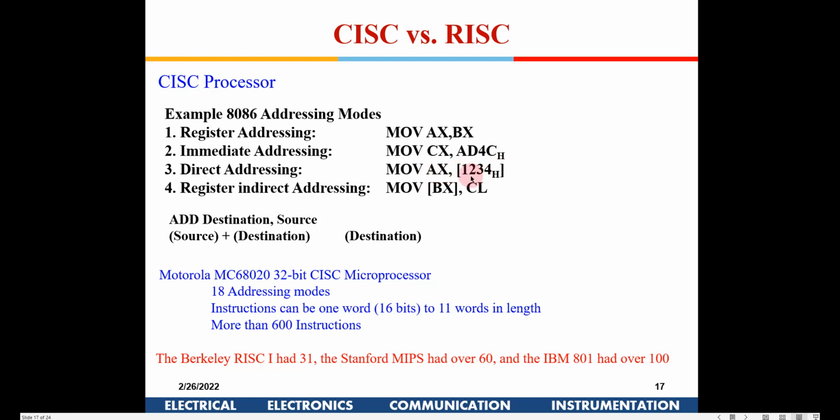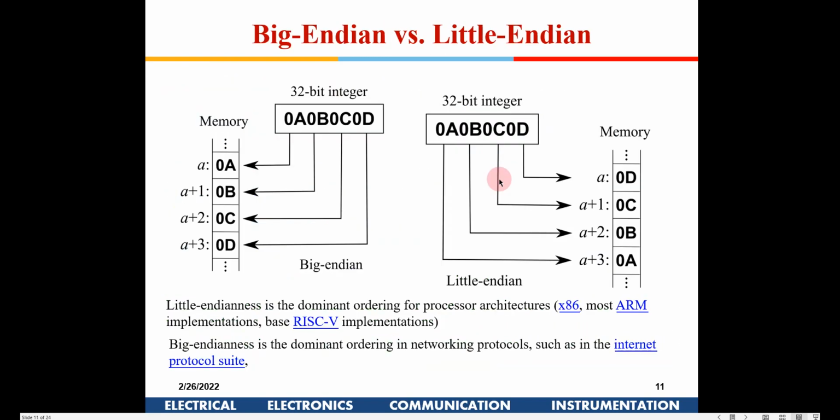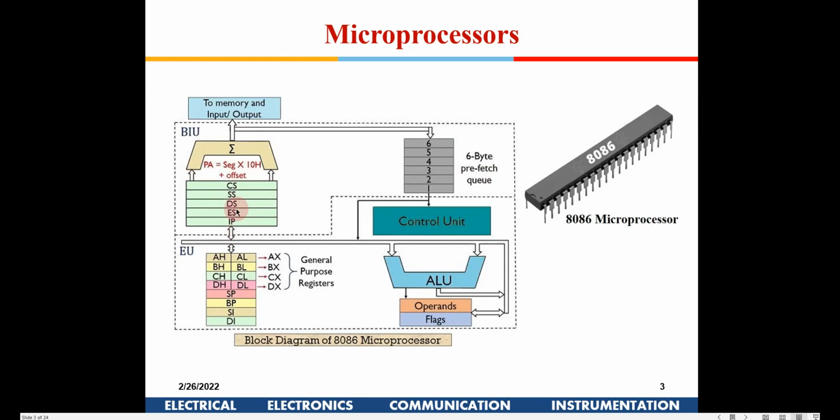We have to first find out the contents of the memory location whose offset address is given by 1234. This is just the offset address. Along with this offset address, as you have seen in 8086, the physical address is calculated with the data in the DS register.